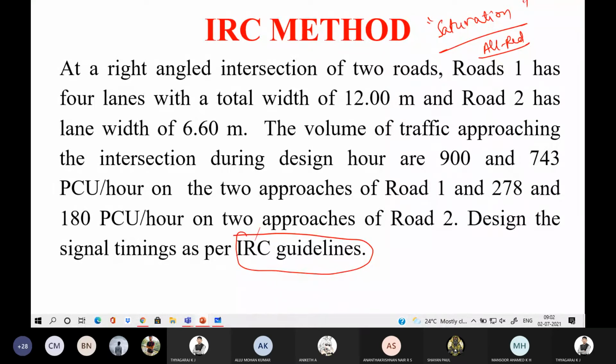This is also a simple method, but it looks lengthy. If you understand the concept behind this IRC method, it will be easy. Today in this class we will solve this IRC method and we will wind up the signal design method.